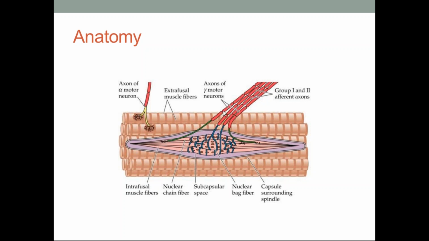It also, being the only receptor in your body that has it, has a motor neuron into it that can tweak it so that you get a little feedback loop happening to keep your extrafusal muscle fibers firing. The more they fire, the more the spindle fires, the more the spindle fires, the more they fire.